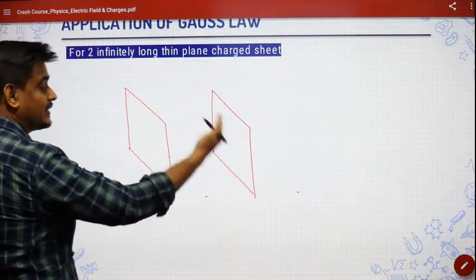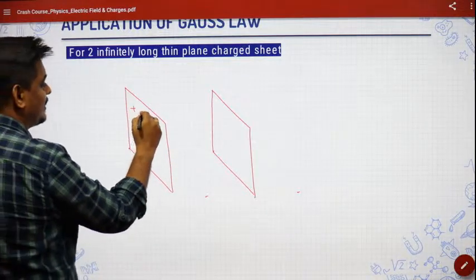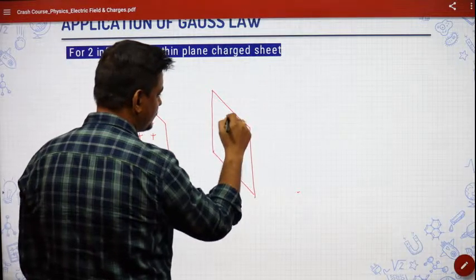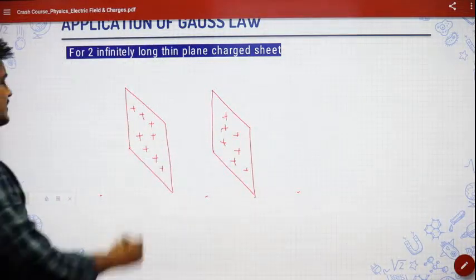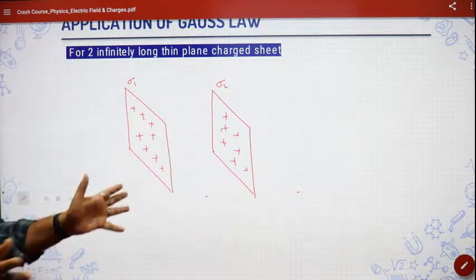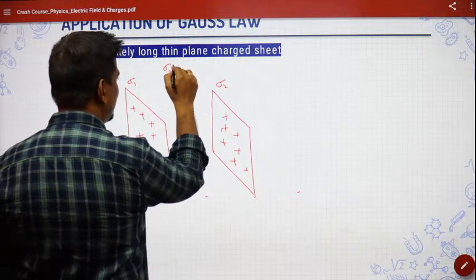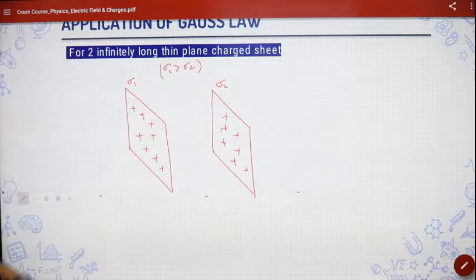I can have similar charged plates, that is, here also plus and here also plus, having charge densities of sigma 1 and sigma 2. I mean dissimilar charge densities but the same sign. And we can assume that sigma 1 is more than sigma 2, that is, the charge density of the first plate is more than the charge density of the second plate. If that is true, let us see the electric field.